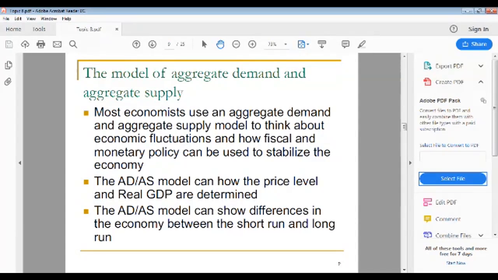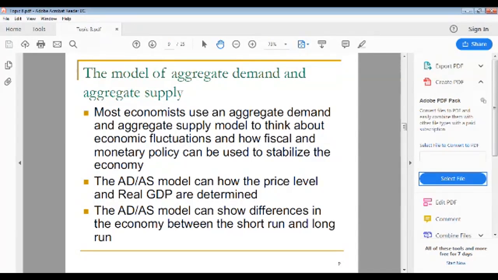But Keynes is much more than that. Keynes is the person who gives us this aggregate demand, aggregate supply model, which is what he uses to say that a government should replace lackluster consumption or insufficient investment.